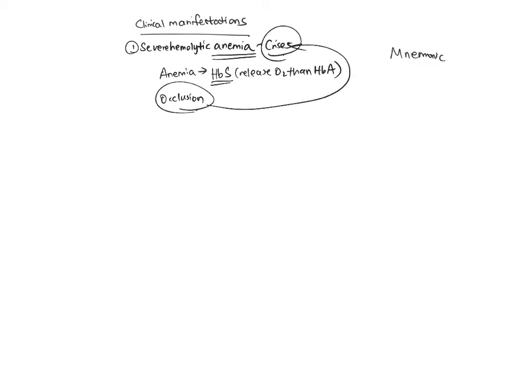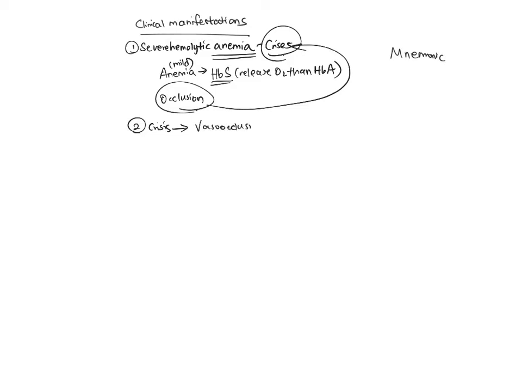So that's the main thing to remember about sickle cell anemia, that it does not generally cause many symptoms of anemia in itself. It's generally a mild anemia, but the crisis is the main important thing to note. So I'm going to talk about the crises, which could be vaso-occlusive.